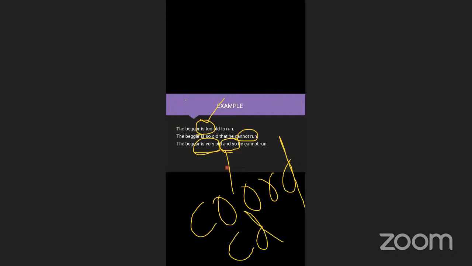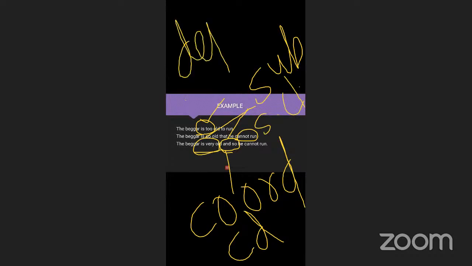So that is a subordinating conjunction. A subordinating conjunction is used in a subordinate clause. A subordinate clause is otherwise known as a dependent clause. A main clause is otherwise known as an independent clause.